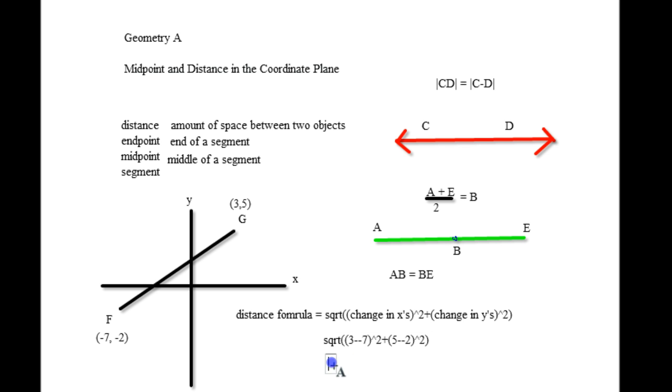Okay, and so now you have the square root of 3 minus negative 7 becomes 10, so that's 100. And then 5 minus negative 2 is 7, so square that and we get 49. Okay, and so therefore the distance of this is going to be the square root of 149. Okay, so that's the entire distance.